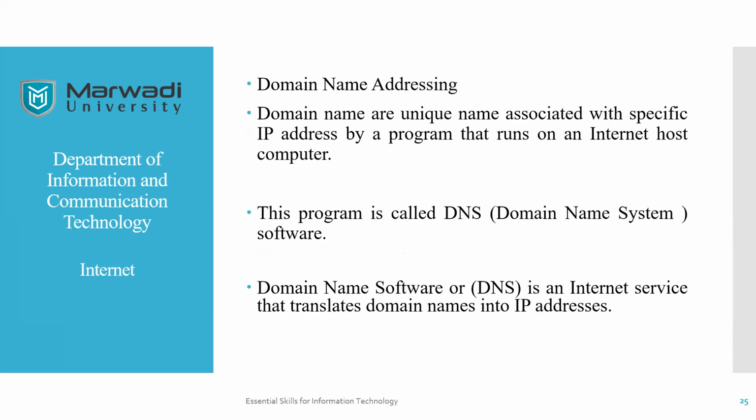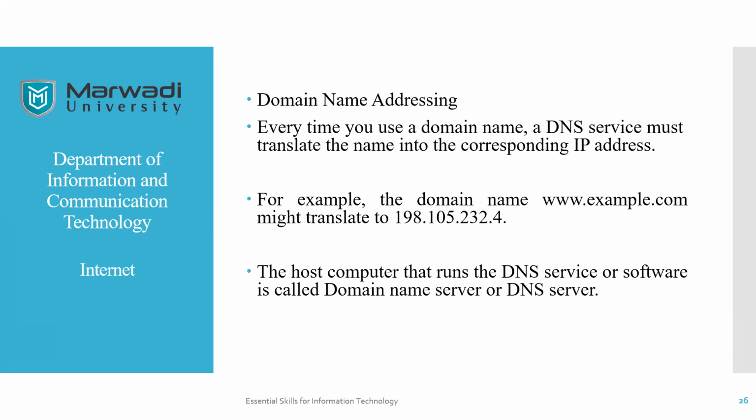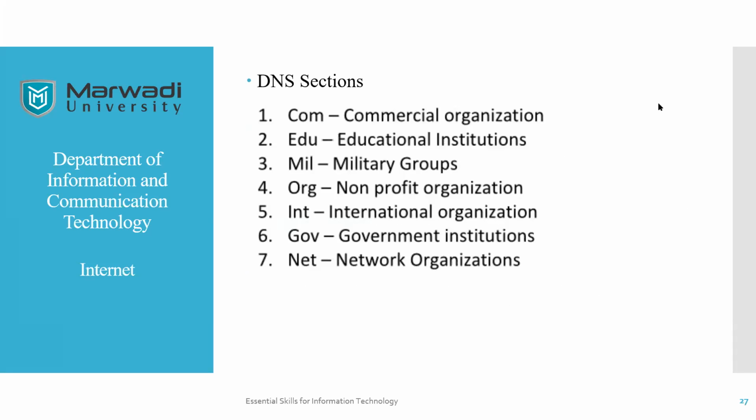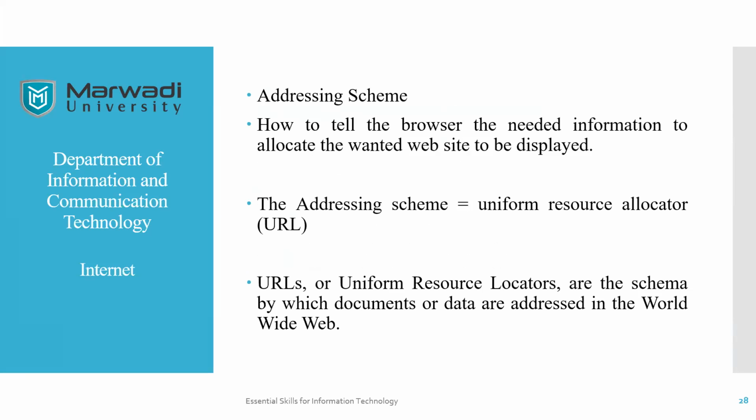So we have seen DNS, then different types of DNS sections, then the addressing scheme. Okay, there is one more thing. Please keep in mind the full form of URL. This is the most common general knowledge question.